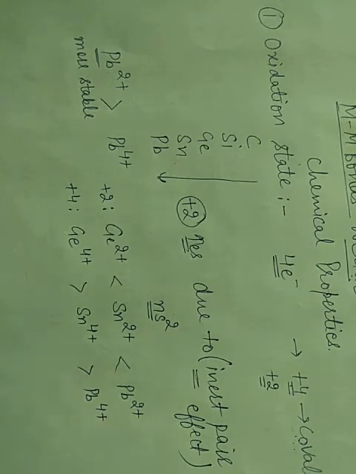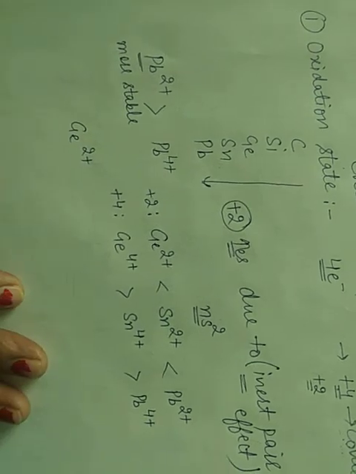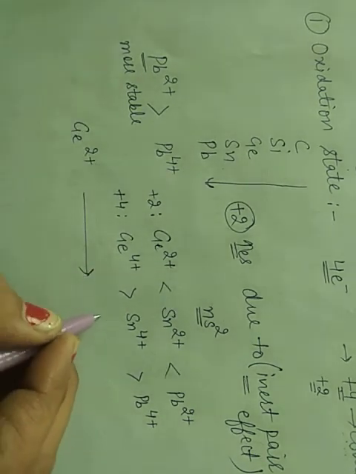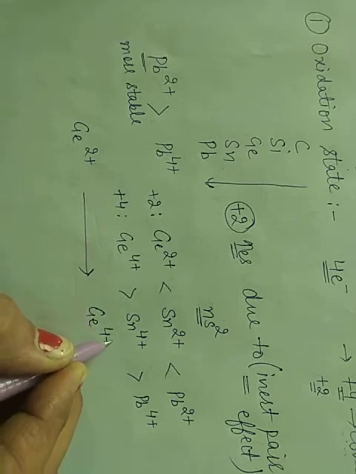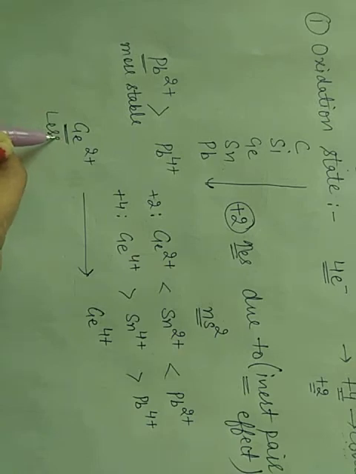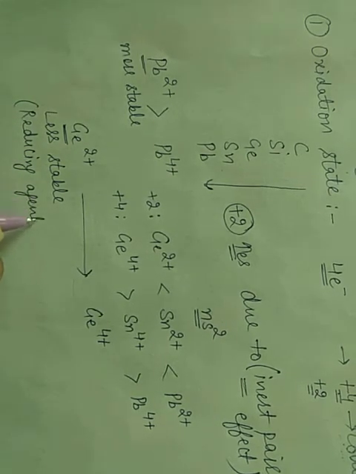Now, the compounds of germanium +2 will be oxidized to germanium +4 oxidation state. So germanium +2 is less stable due to inert pair effect, and it shows the reducing nature, means reducing agent.